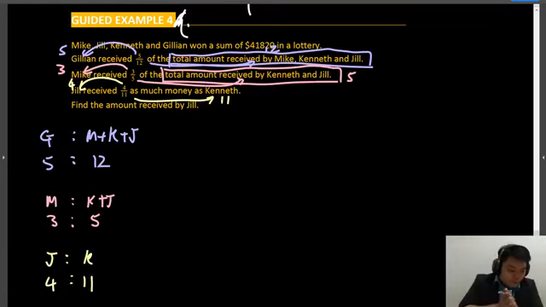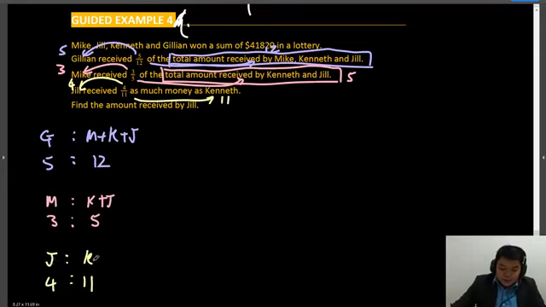Okay? So once we got this already, we want to look for the repeated items. In this particular case, you can see that here we have K and J. This is why I prefer to list out by individual initials.